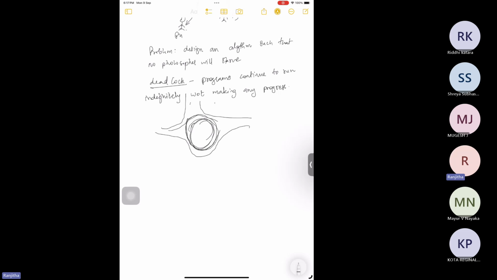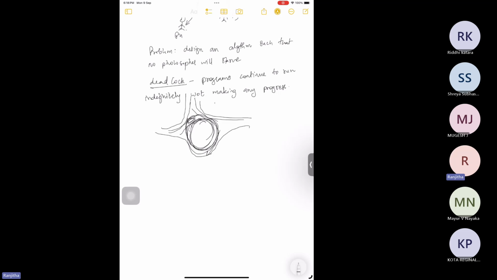In the evenings during peak traffic time, a lot of people go this way, many come this way, and the same way in the other directions. So finally, if some jam happens here, this whole circle used to become a deadlock situation.